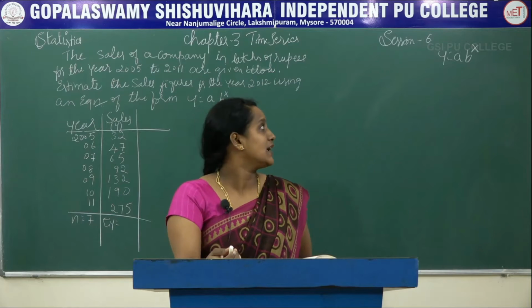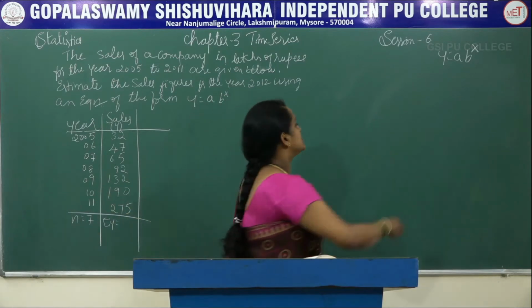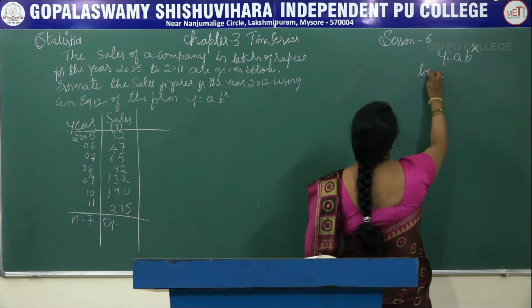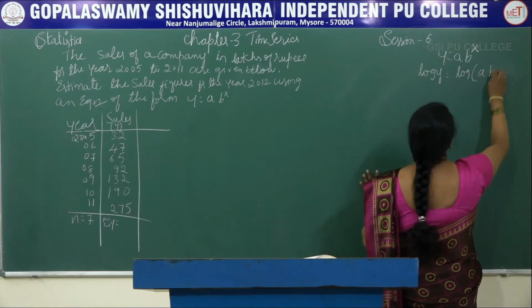So we will take the logarithm on both sides. If we take log on both sides, log y is equal to log of a b power x.